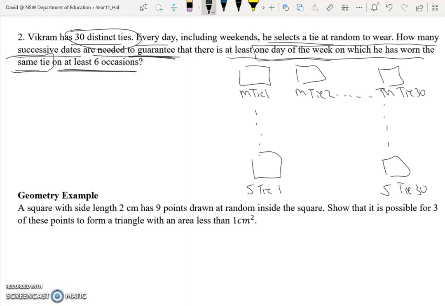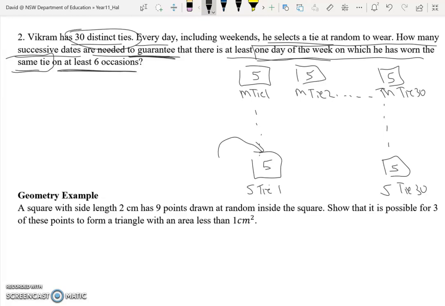Okay, because we want to be guaranteed that there's at least one day of the week in which he's worn the same tie on at least 6 occasions. So remember, the idea is fill out each of these pigeonholes with 5, and then we add one more here, and that will cause it to be 6. So let's have a think.